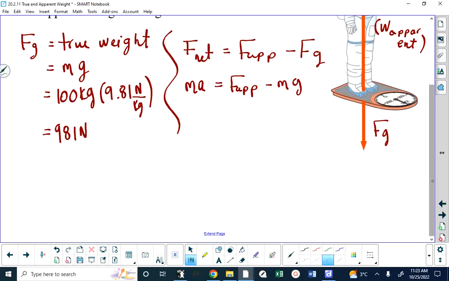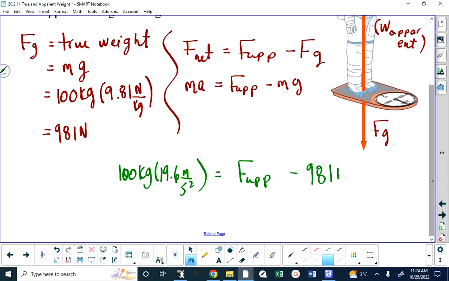What is that going to give us? I'll just change color so you can see this better. 100 kilograms times 19.6 meters per second squared equals the apparent weight minus the 981 newtons.